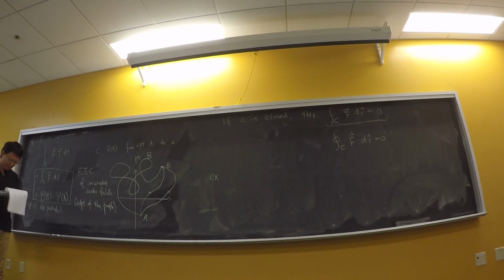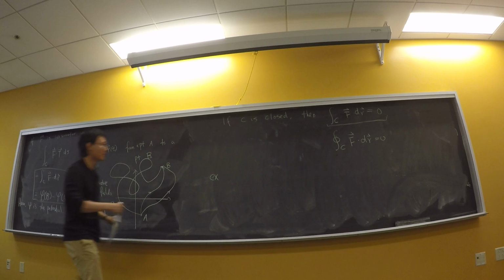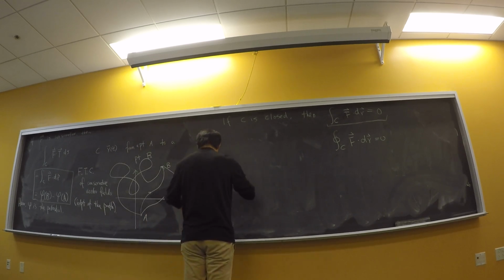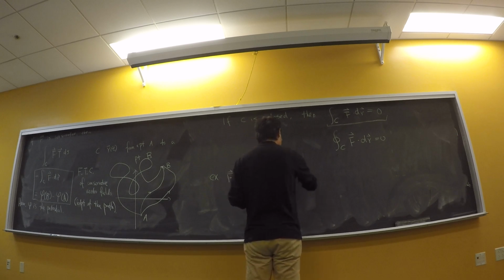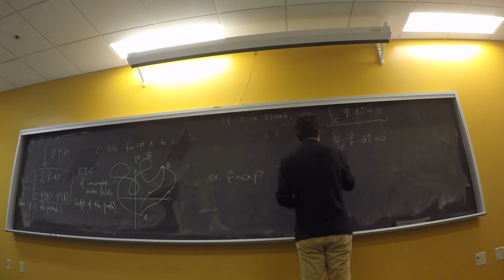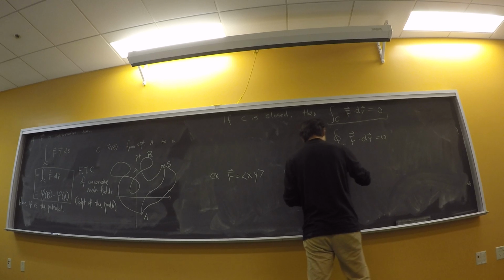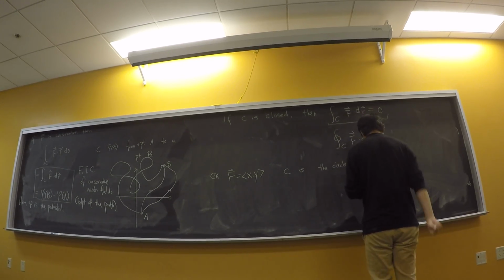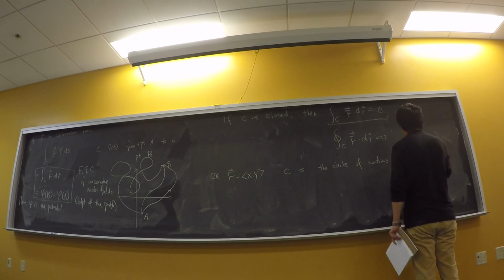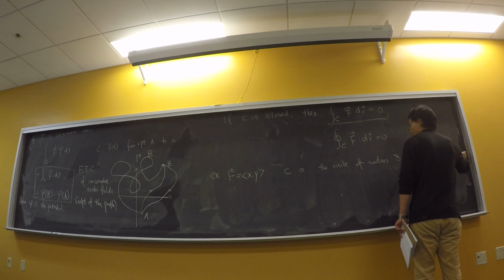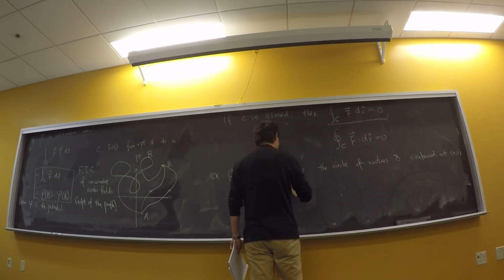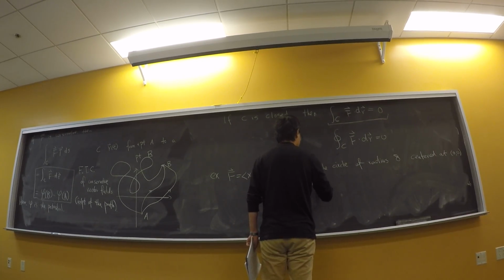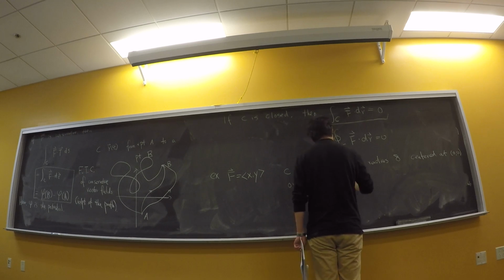Okay? So let's first look at this guy. So C is a circle of radius 8 centered at the origin and also oriented counterclockwise.